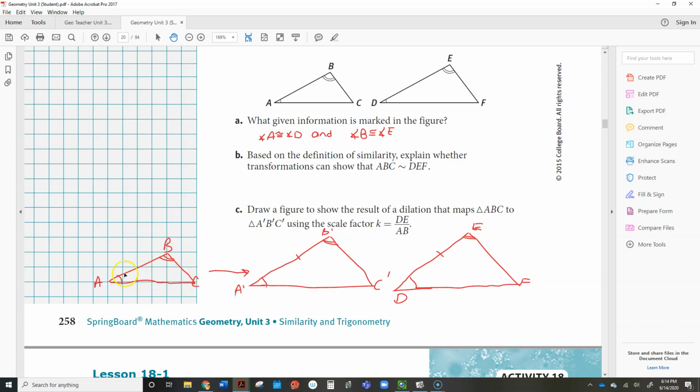So we're going to take triangle ABC, perform this dilation with this scale factor, and that's going to give us A prime, B prime, C prime. And then we're going to be able to prove that this triangle is congruent to this triangle by angle, side, angle. We created it so that the two sides are congruent.